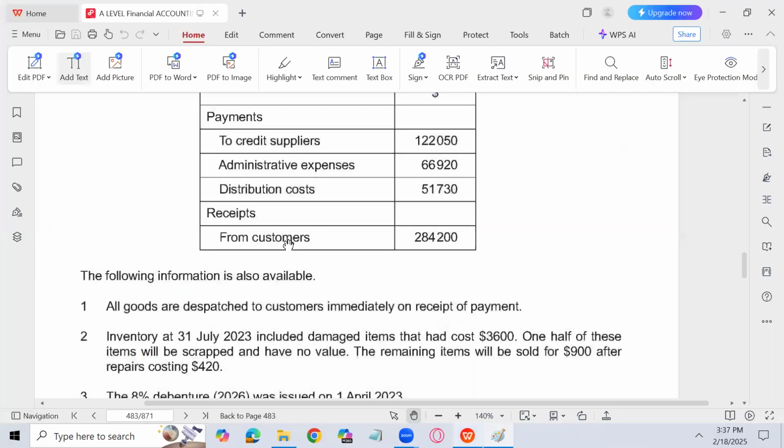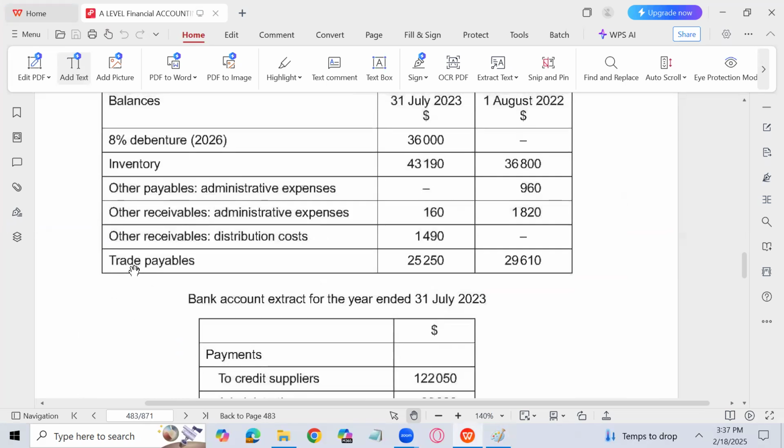So distribution cost is given, that is 51730, but we have distribution cost in other receivables, which is 1490. How are we going to treat that? Yes, prepaid distribution cost. So 1490 needs to be subtracted.